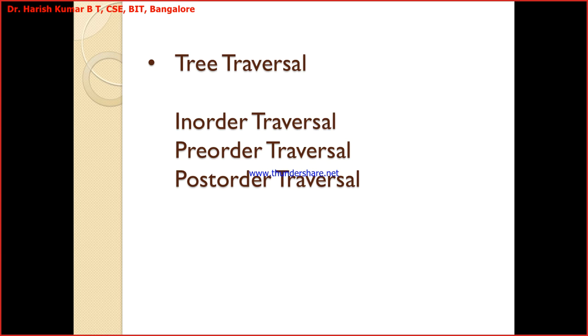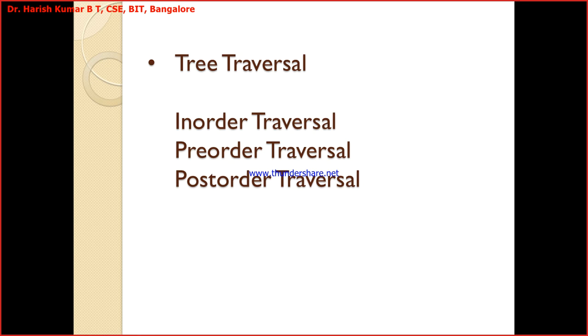All these things we have done. But how do we traverse a tree? Say, for example, I want to print all the nodes of the tree. How do I traverse the tree and print all the nodes?